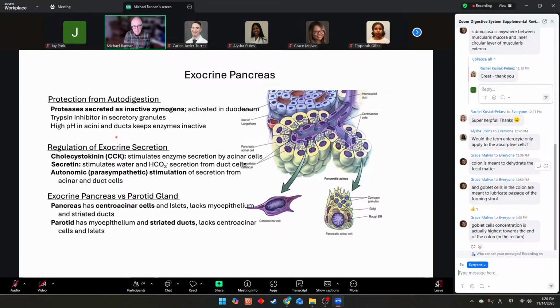In contrast, the parotid gland has myoepithelial cells and striated ducts and lacks central acinar cells and islets of Langerhans. So if you see a histologic section of a serous gland, you can use those differentiating features to determine whether you're looking at exocrine pancreas or at parotid gland.